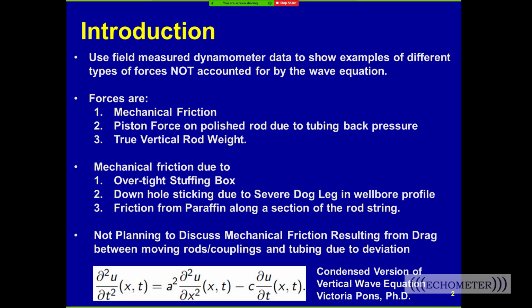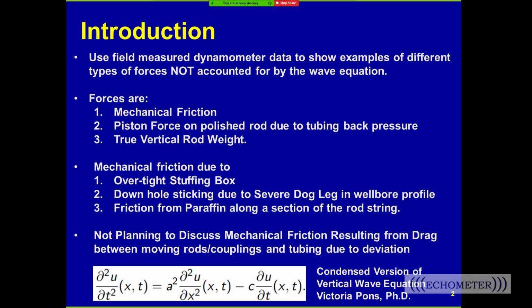The forces that are accounted for by the wave equation, typically the wave equation, when I think about it, there's been several wave equations published that try to account for deviated wellbore, but the vertical wave equation that's somewhat simple doesn't really have a term in it for contact between the rods and the tubing or any kind of friction forces other than the fluid acting on the rods.